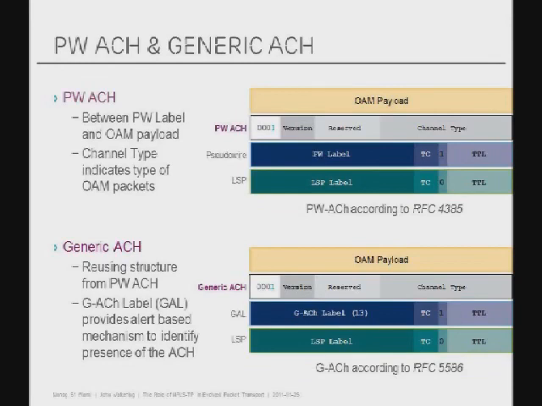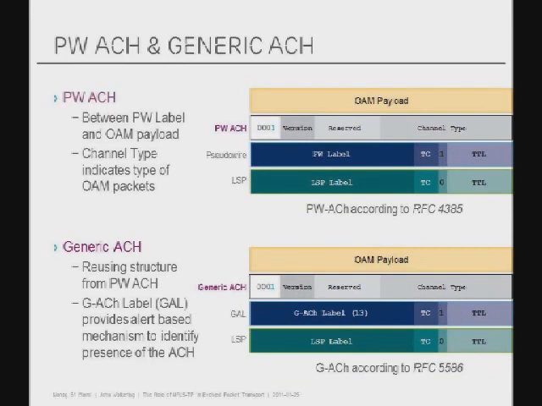When the LSP reaches its endpoint, typically the outer label will be popped. When the outer label is popped, the inner label is exposed to the system. So if the inner label is a GAL label with the value 13, then it's exposed to the control plane of that particular device.